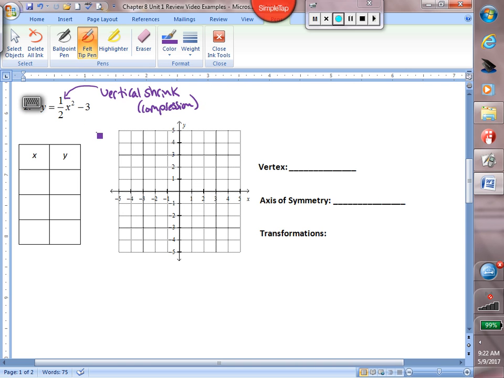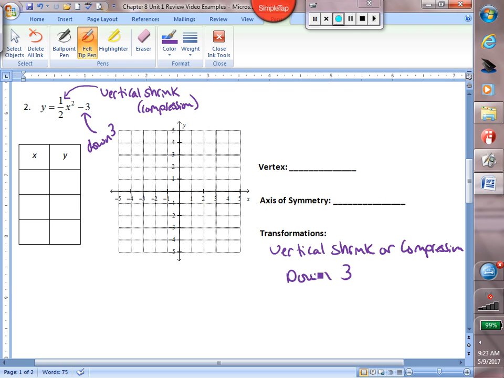The -3 is outside the parentheses, so this will cause our graph to move down 3. So transformations, we have a vertical shrink or a compression, however you'd like to state that, shrink or compression. And then our graph also moved down 3.